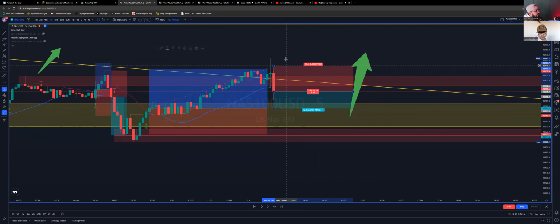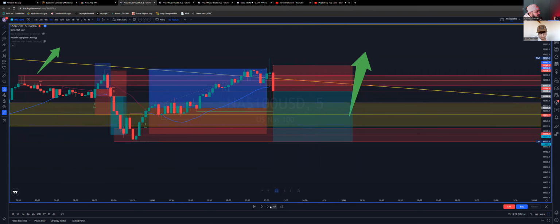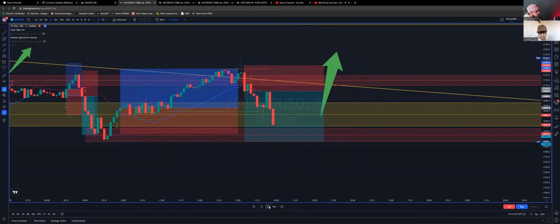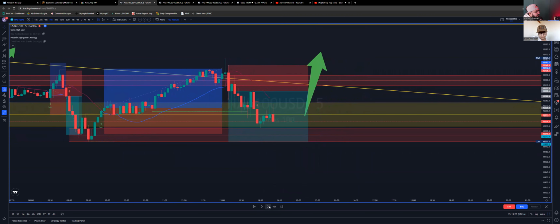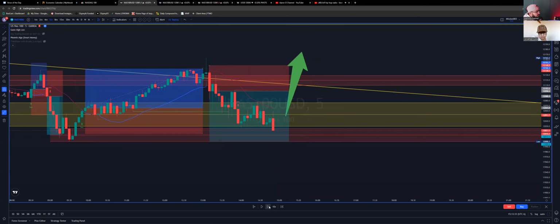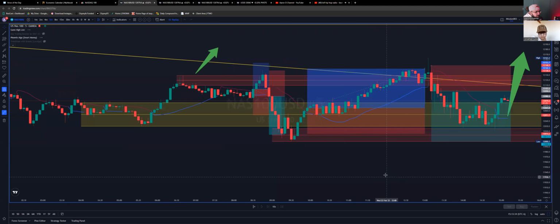Hopefully their stop was 50. And I believe, if I'm not mistaken, they took this sale and watched price come down yet one more time into that 4-hour wick fill. And this is where we are currently.